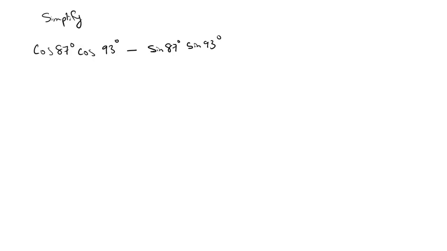What you should notice, right, is that 87 and 87 are my first values in this problem. And I notice that 93 and 93 are my second values. So it's safe to say this is a cosine sum and difference. So I'm going to do something with the 87 and the 93.